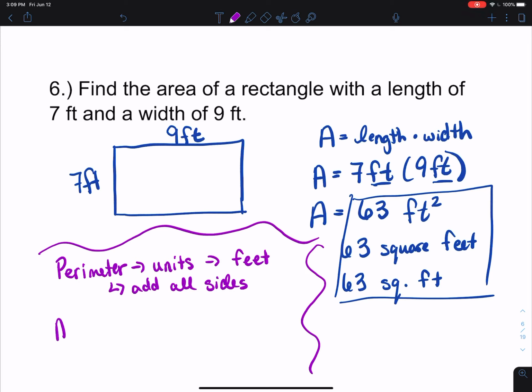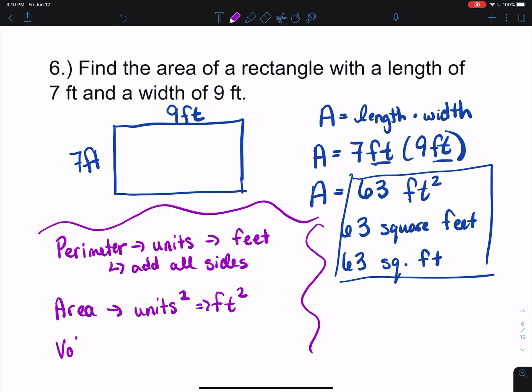If we're talking about area, that's when you're going to end up with your units squared. So for example here, we had our square feet. And then we'll also look at volume. When we talk about volume, that's when we'll have our units cubed. So for example, it could look like feet cubed.